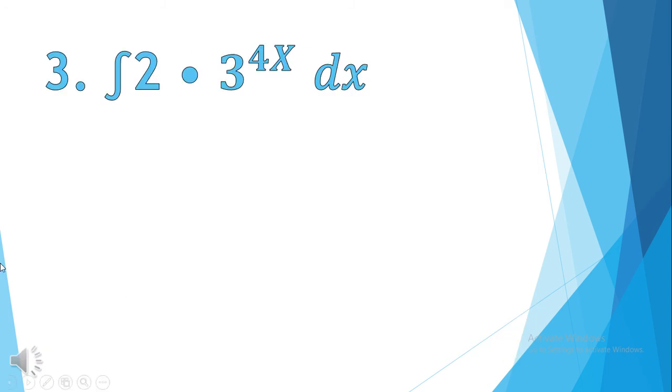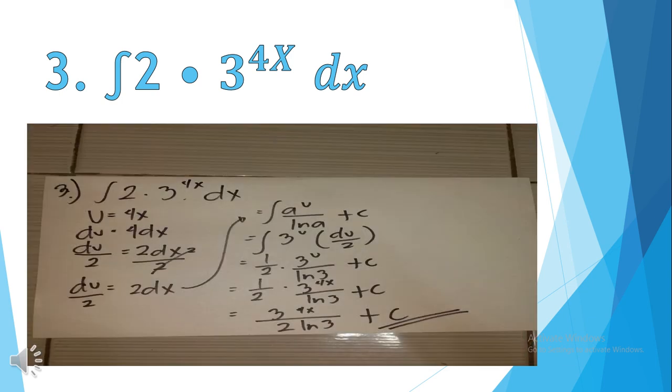3. Integral of 2 multiplied by 3 to the power of 4x dx. So we need to find the u and the du. Our u is 4x and our du is 4 dx. We can also simplify it by doing the cancellation. So du over 2 is equal to 2 dx, 2 over 2, so cancel the 2. By the guide of the formula, the integral of a to the power of u over ln a plus c, we do the substitution method.